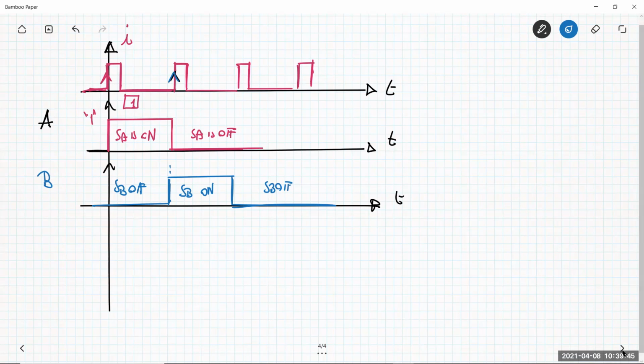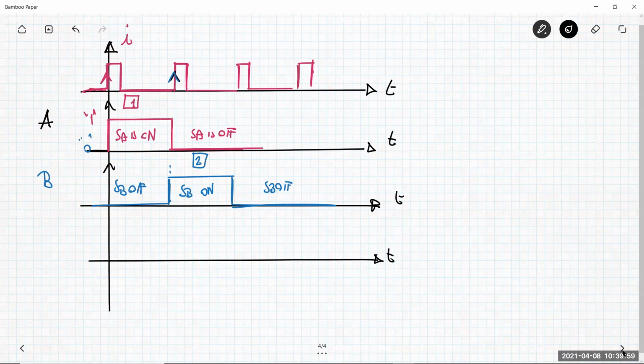Let me put here 0 or 1. So this is step number 2. Now the next step is the step in which phase A is again energized, but now it is A prime which is energized.